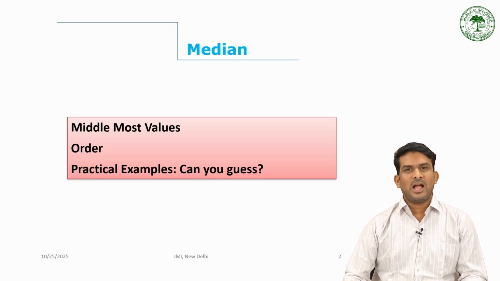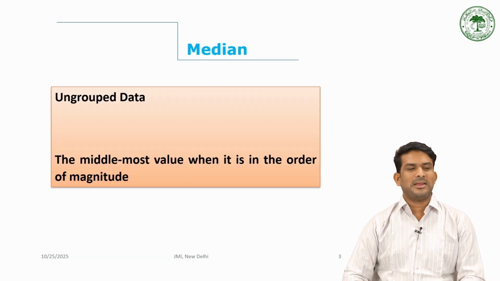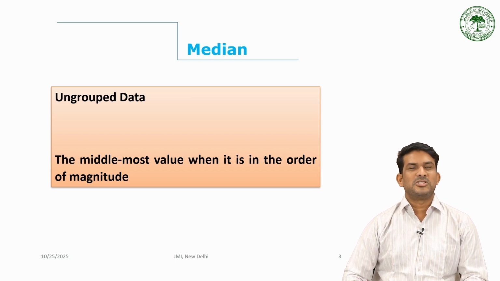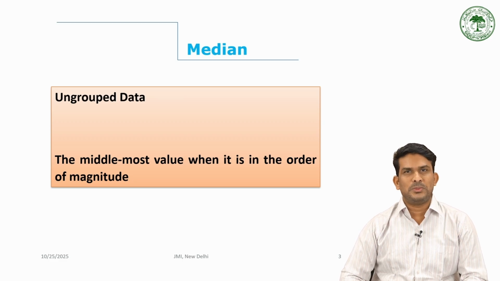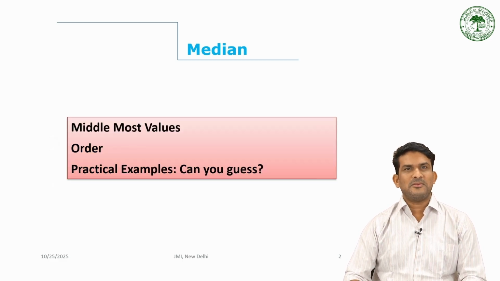Now, how do we do that? For an ungrouped data, suppose you have raw data which is not at all grouped. How do we calculate median? As in the previous slide, it is the middlemost value when the data is arranged in an order.